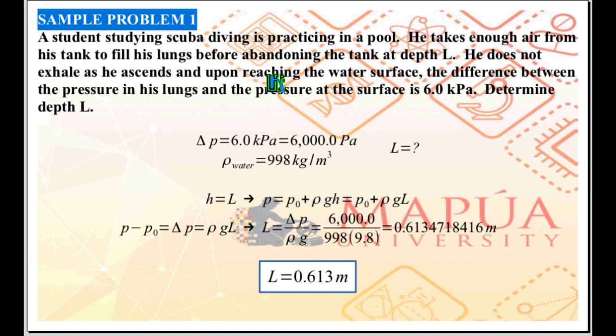So, the scuba diver, the student, does not exhale as he ascends, which means he maintains the pressure in his lungs when he breathes in air from the tank at depth L, which means the pressure in his lungs is equal to the pressure at depth L. At the surface, the difference in the pressure between his lungs and the pressure at the surface is 6 kilopascals or 6,000 pascals.